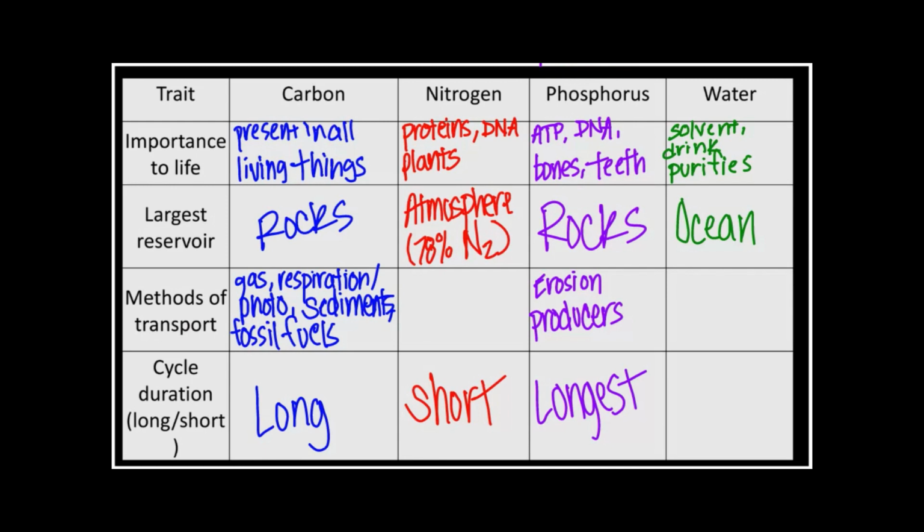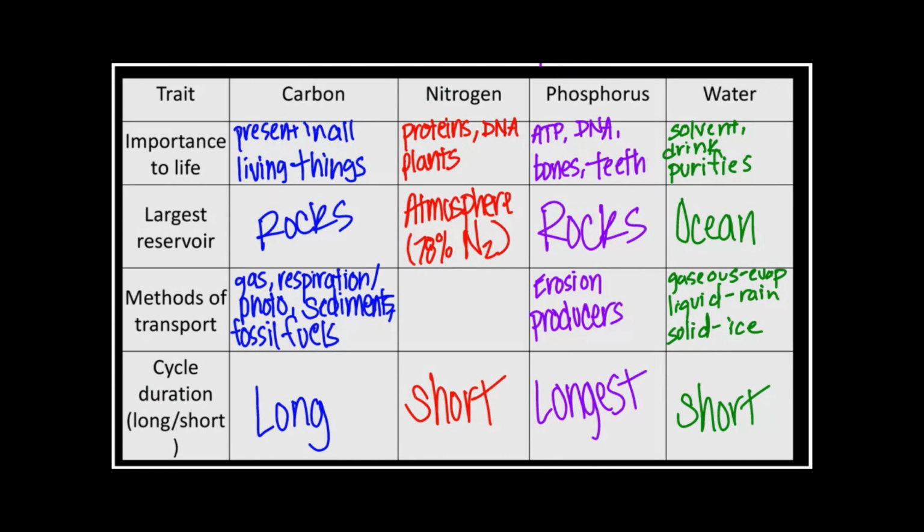And then there are all the different phases: gaseous water with evaporation, we have condensation, it's a liquid as rain or other types of precipitation, and it's solid with ice. So there are lots of ways that water gets around. And water also has a pretty short residence time.